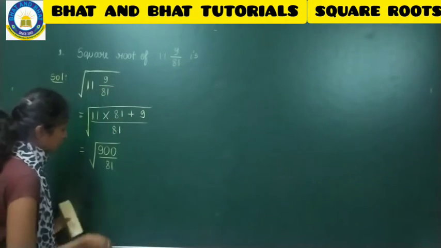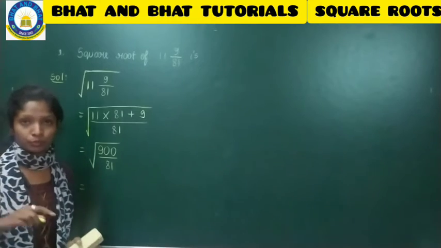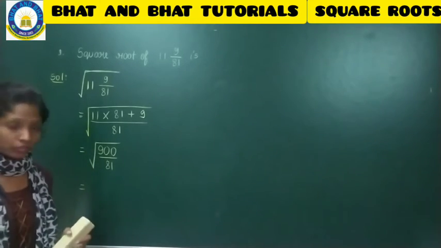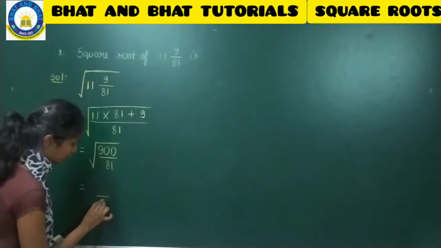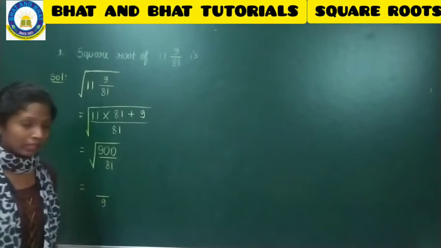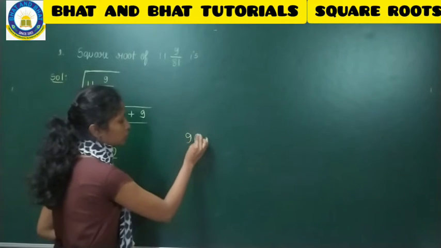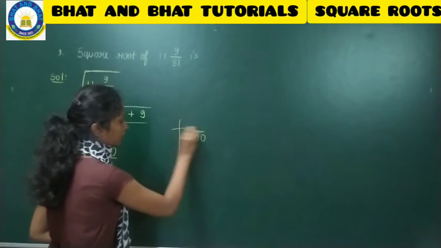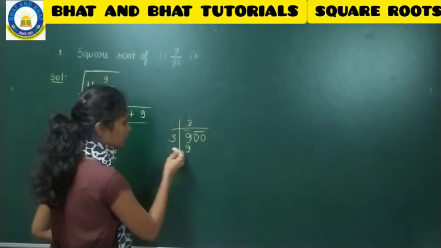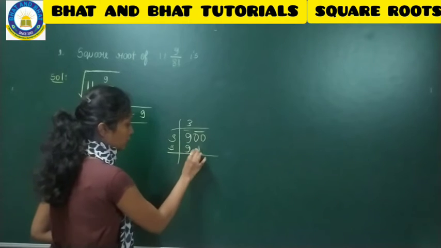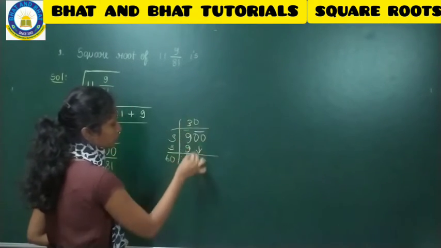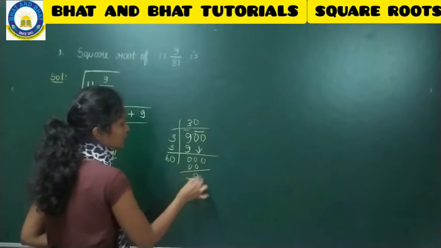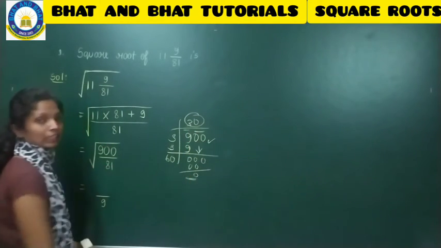In the next step, what do you have to do? Remove the square root for 900 by 81. As we all know, 81 is 9 square, 9 nines are 81. When I remove the square root for 900, 3 threes are 9, 3 threes are 9, 0. You take one more 0, and 6 0s are 30. So 30 is the square root of 900.